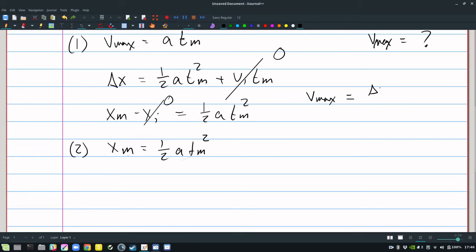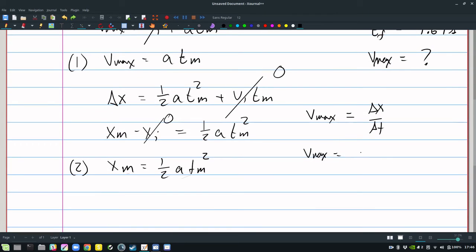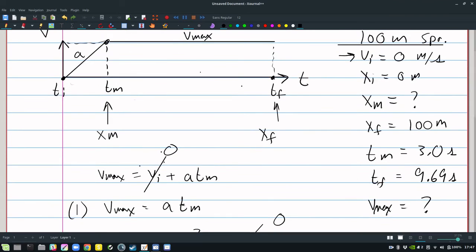So the velocity is v max. That's going to be delta x over delta t, but we have to be careful about what these delta x's and delta t's mean. Delta x, we're now talking about the displacement that takes place in this time interval here. So what's our x final? It's x final, as in the 100 meters, the end of the race, but our x initial is the middle distance now, because we're talking about this point to this point.